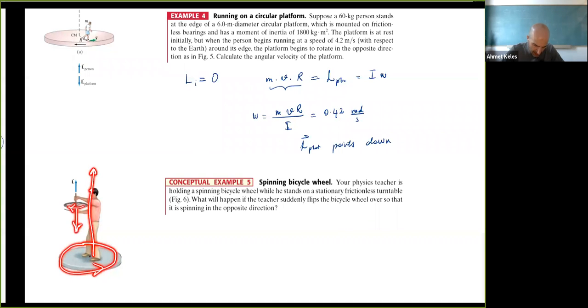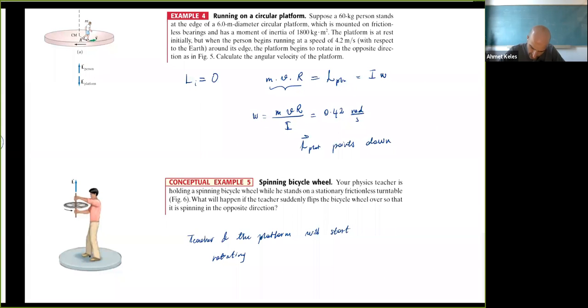If you sum this with this, you will reach this initial angular momentum. Okay, so the answer is the teacher and the platform will start rotating. What is that? That's counterclockwise.